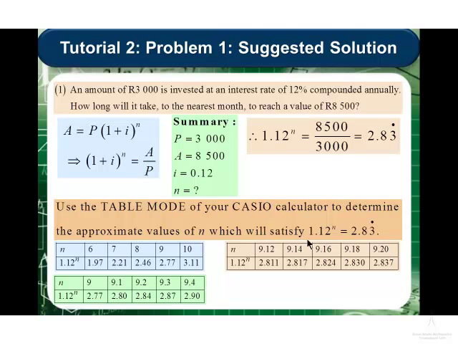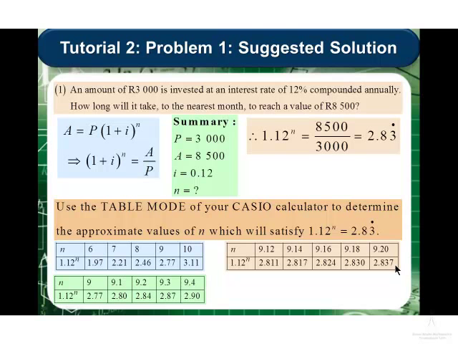We know it lies between 9.1 and 9.2, but looking at the output values, it is clear that the answer will actually lie to a 2 decimal place accuracy between the values n equal to 9.18 and 9.2. Because the output values, can you see, the first one is less than 2.833 repeating, and the other one is more than 2.833 repeating, 2.837, as you can see from the value table on the screen.